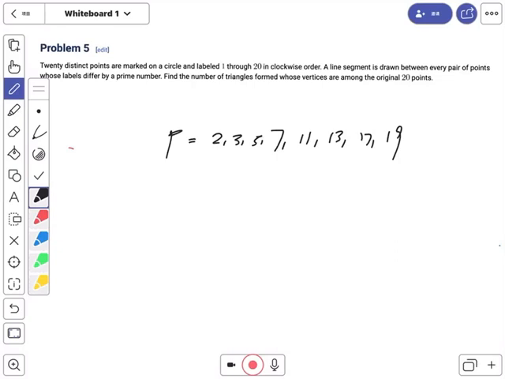So now, for this problem, we kind of have to do some casework.